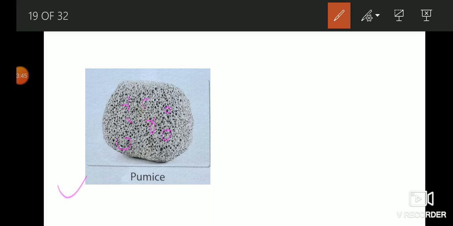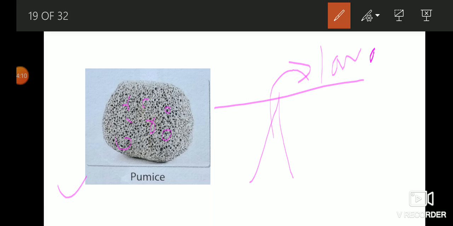So why are these pores present? We know that igneous rocks are formed from the magma. When the magma rises up on the earth's surface, it is called lava, and when the lava cools down, then it forms the igneous rock.